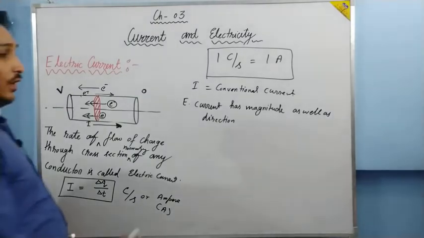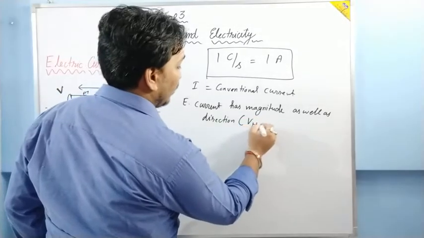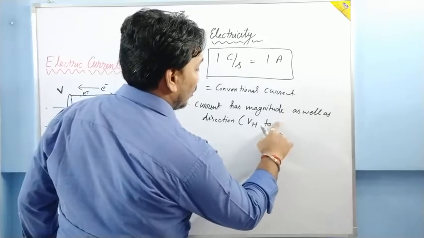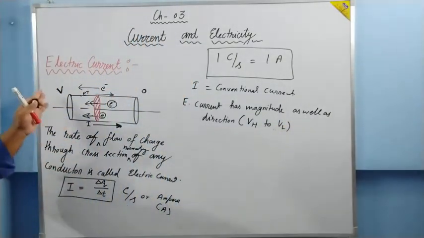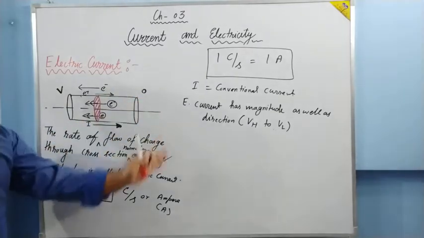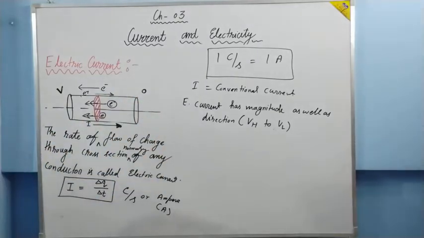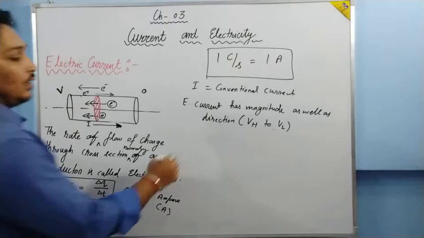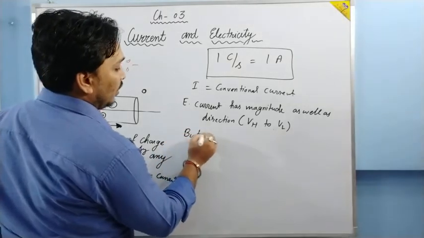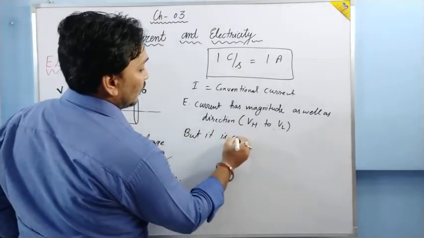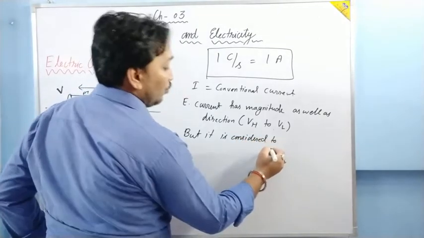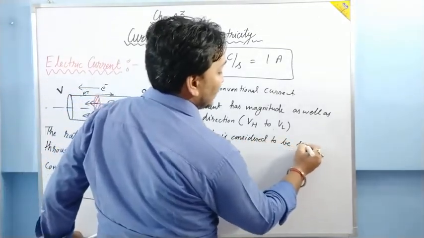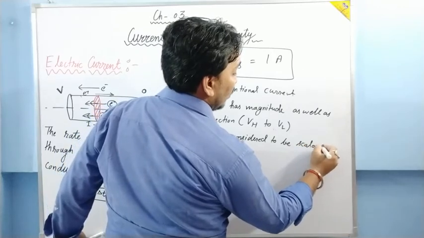Direction will always be from higher potential to lower potential. The direction of electric current is defined from higher potential to the lower potential. I is flowing in that direction only. Okay, but it is considered to be a scalar quantity. Why is it so?